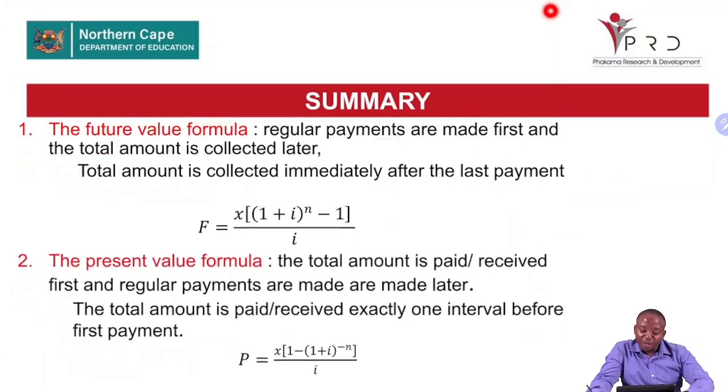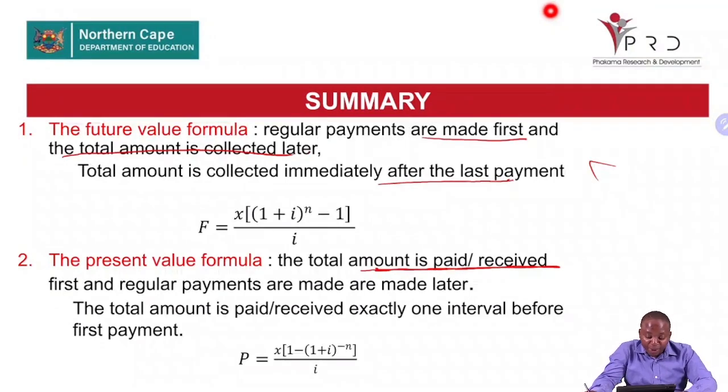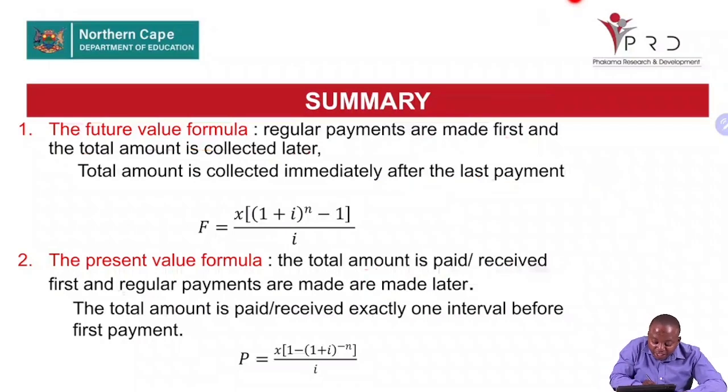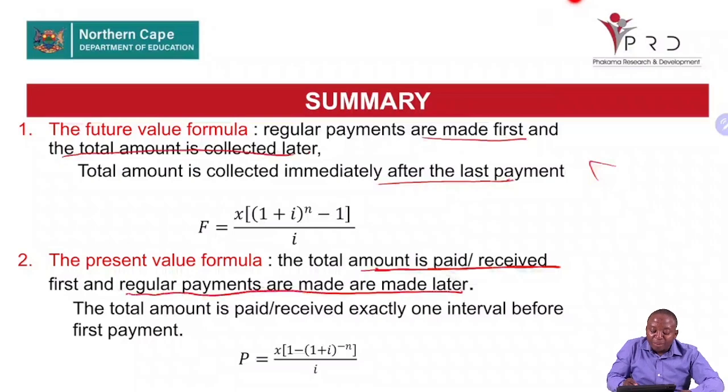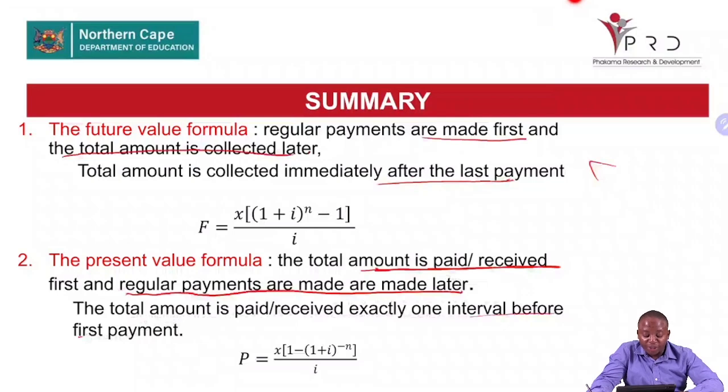For the present value, the total amount is received first. Thereafter, we make the regular repayments. So we receive the money, we repay after, and the total amount is received exactly one interval before the first repayment. So for future value, we make regular payments first, and those payments are collected in future.